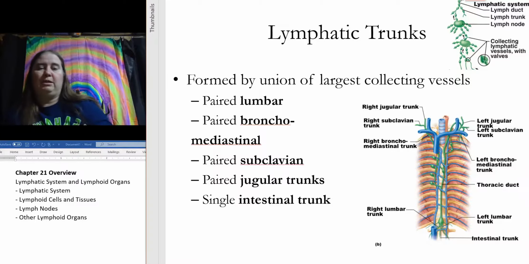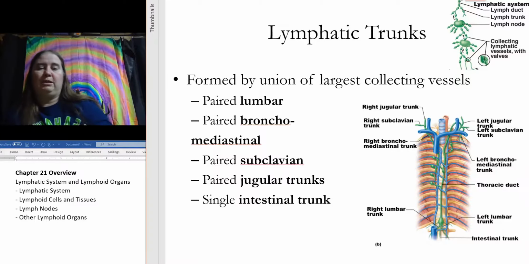Pressure changes in the thoracic cavity, just like the venous system. Okay, we have valves to prevent that backflow, just like the venous system. The lymphatic system can also hijack the pulsation of the arteries to help propel it through the lymphatic system, as well as contraction of the smooth muscles in the walls of the lymphatics.